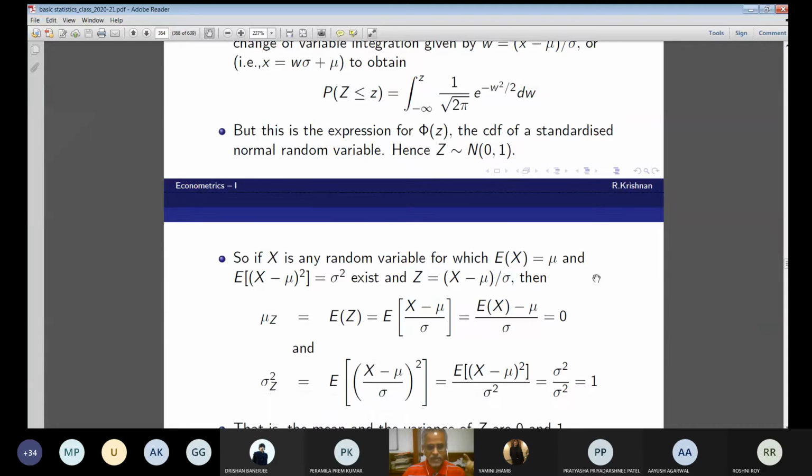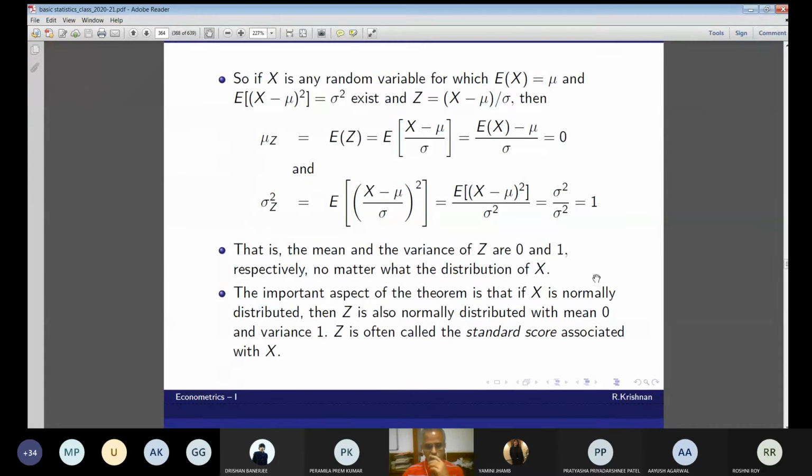And if X is any random variable for which E(X) equal to mu and E((X minus mu) whole square) equal to sigma square exist, this also can be proved. I think we proved it. And Z is equal to X minus mu by sigma, a standard score. Then mu of Z equal to 0, that is E(Z), and sigma square of Z is equal to 1. This is again proved.